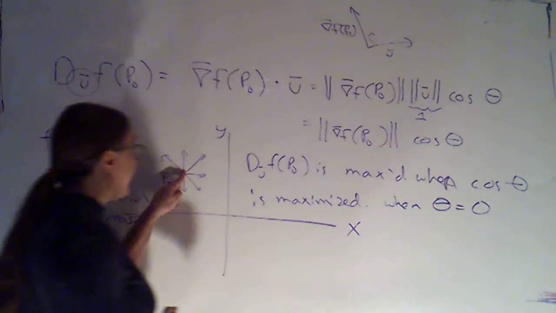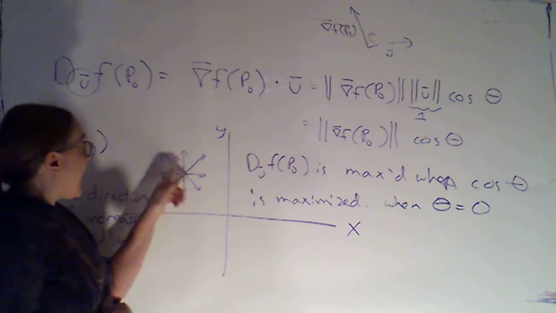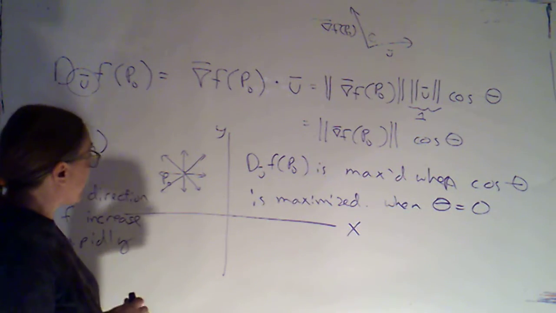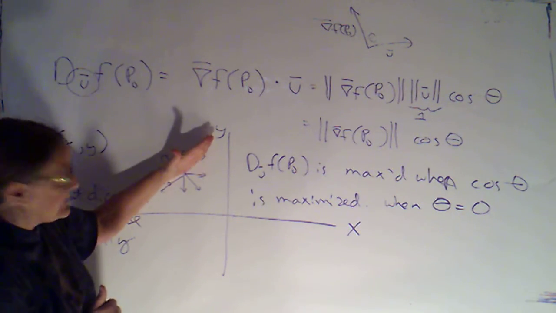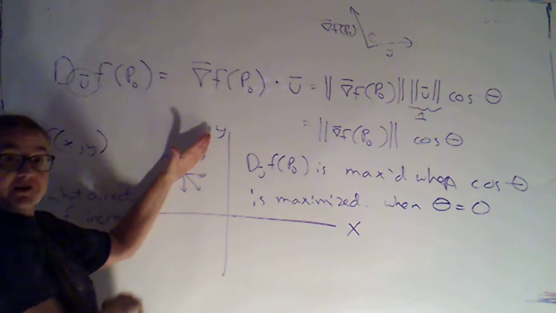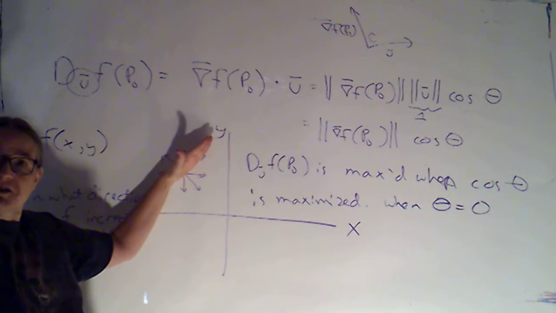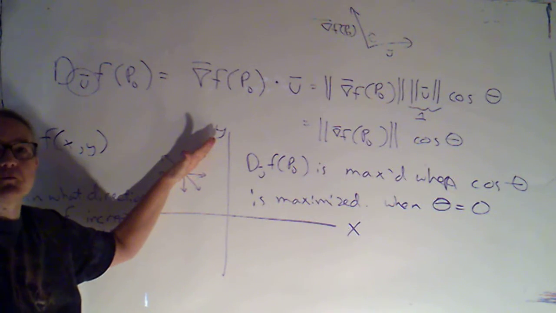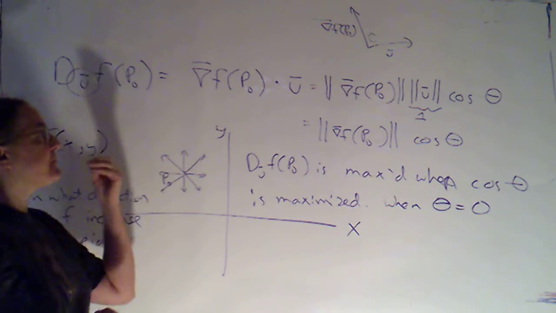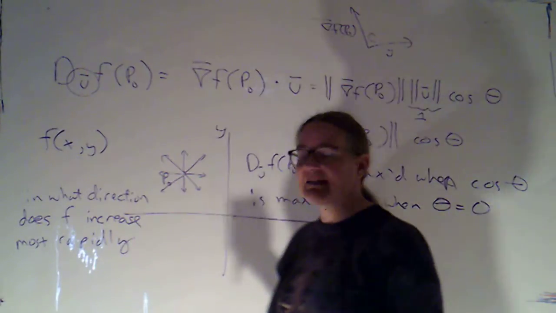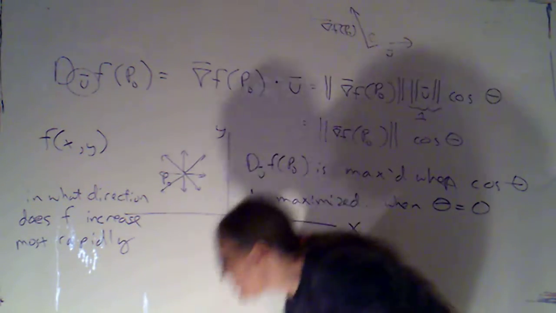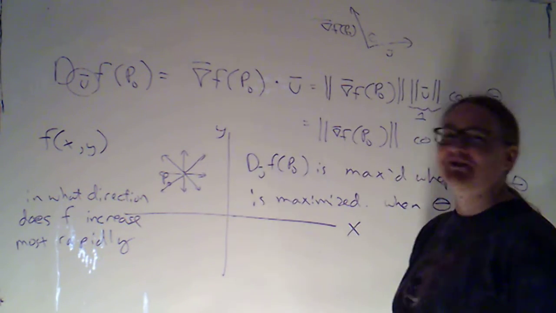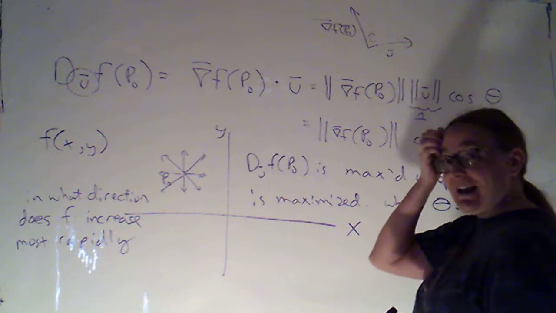So, if I am a heat-seeking particle, and the gradient of f at this point points in this direction, that's the direction I want to go in, because that's the direction in which temperature will increase most rapidly. So the direction of the gradient is the direction in which the directional derivative is maximized.